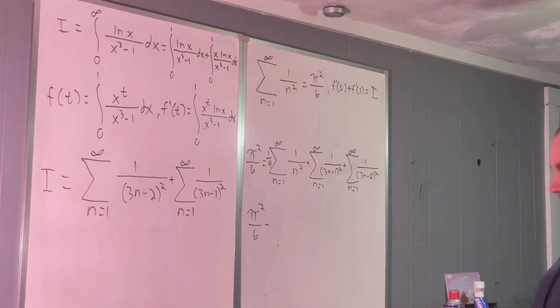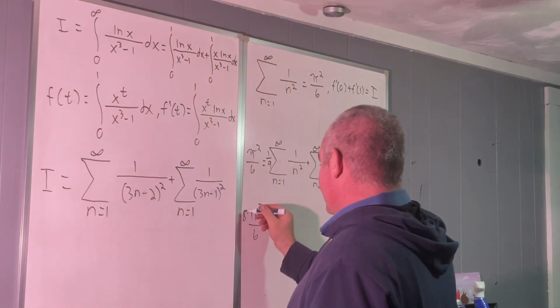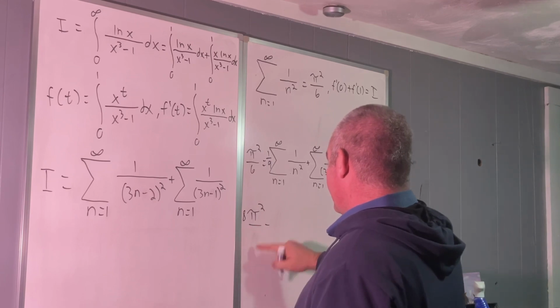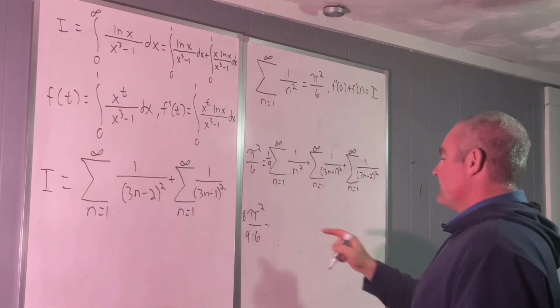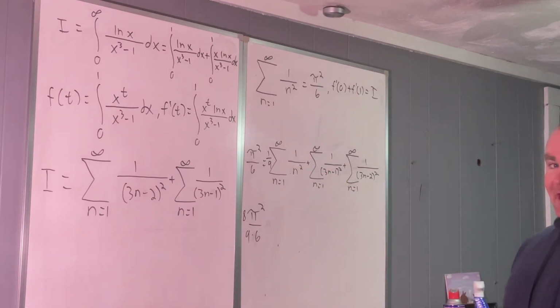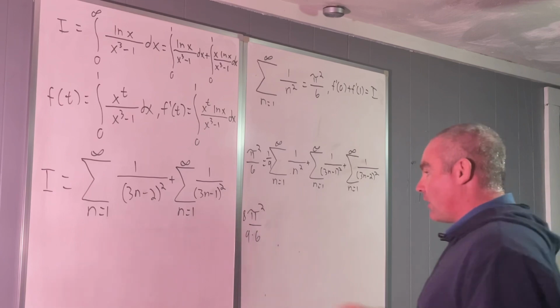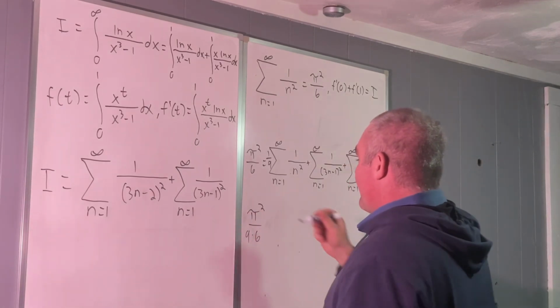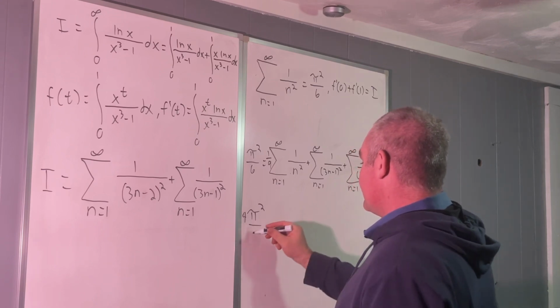Well, that would be 8 pi squared over 9 times 6, right? Take pi squared over 6 and subtract 1/9 of pi squared over 6. You get 8/9 of pi squared over 6, or 4 pi squared over 27.